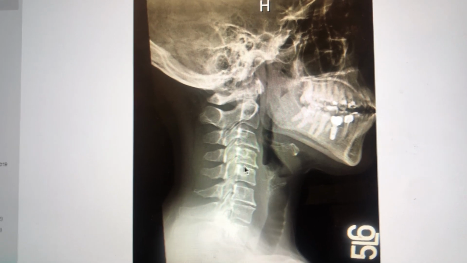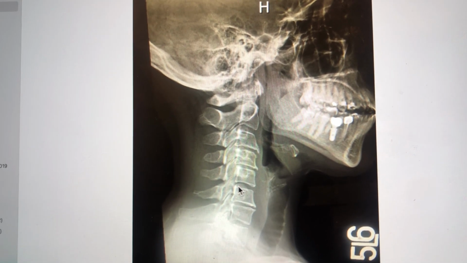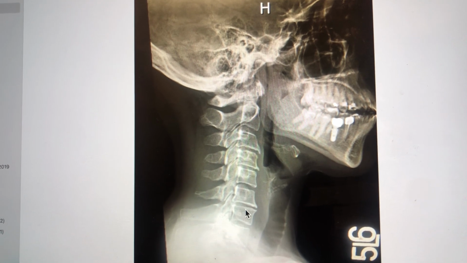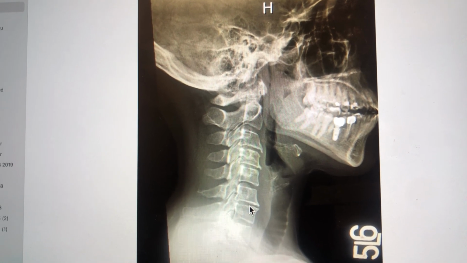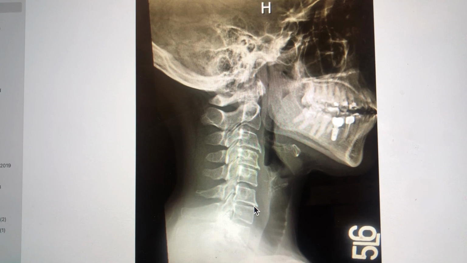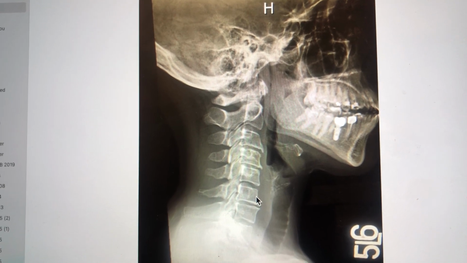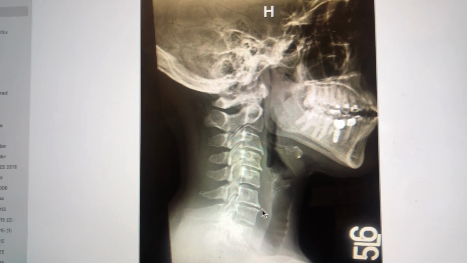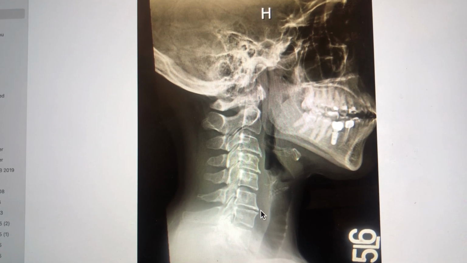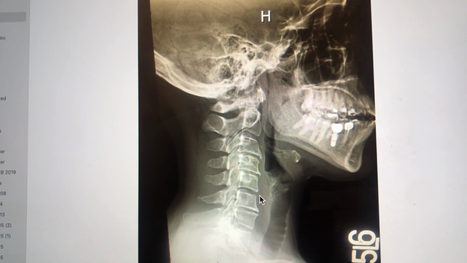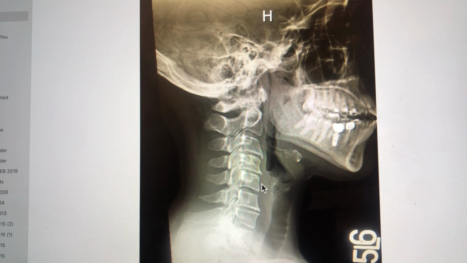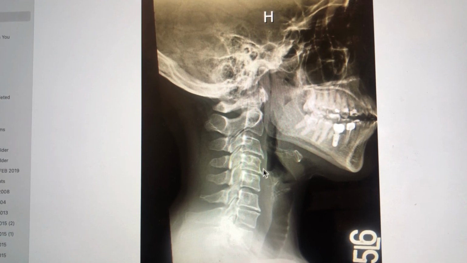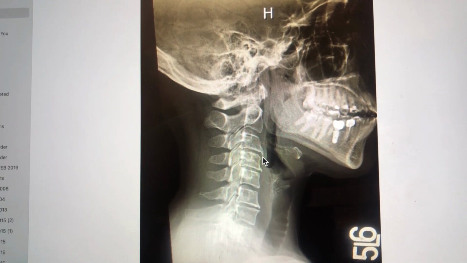That's true at this level as well. It's less true at this level where there's more disc height. It's truer again at this level. You'll notice that the bones also become a little misshapen with what we call bony spurs at the corners of the bones there, not present really here, and present there again there, and present there again there.